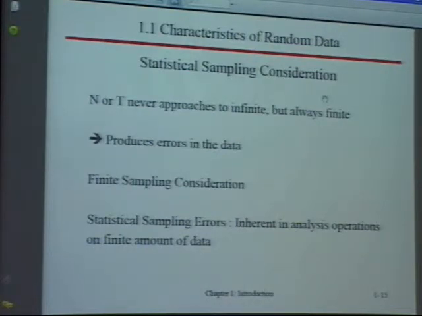So that's what that is. Then finite sampling considerations you always have to think about. And you have to deal with the statistical sampling error, which is inherent in analysis operations on a finite amount of data.